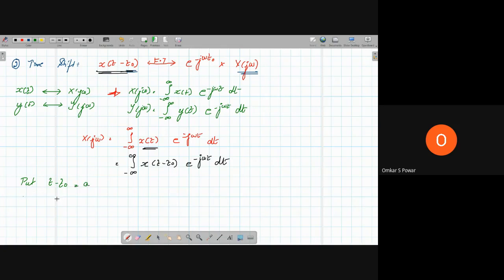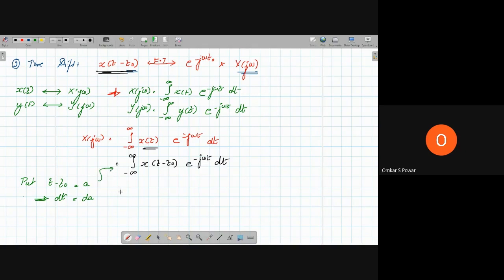Then differentiate on both the sides with respect to a. We have dt is equal to dA, because dt by dA is equal to 1, because differentiation of t naught, a constant, will become equal to 0. So dt by dA is equal to 1, dt is equal to dA. Now let us substitute these two things in this equation.